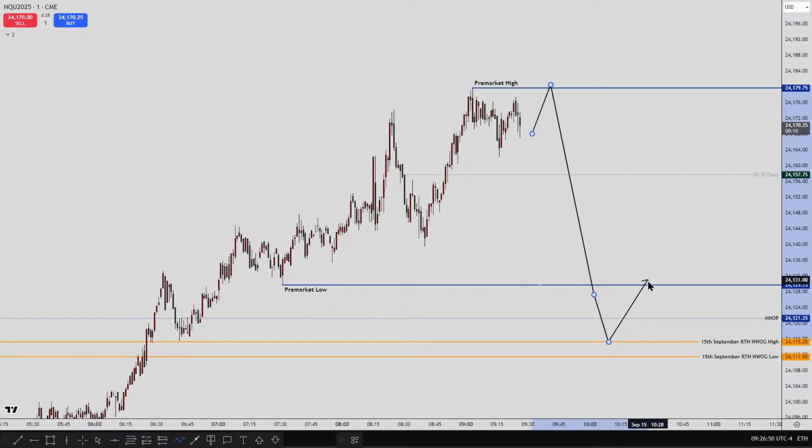So I would want to see some kind of signature in the marketplace that tells me, okay, we should be going higher now. So some kind of market structure shift, short-term discount pricing, breakaway gaps, whatever it is. And you can refer to lecture number 10 and 11, where we go through market structure shift protocol. And then I would want to see something distribute beyond that pre-market high again.